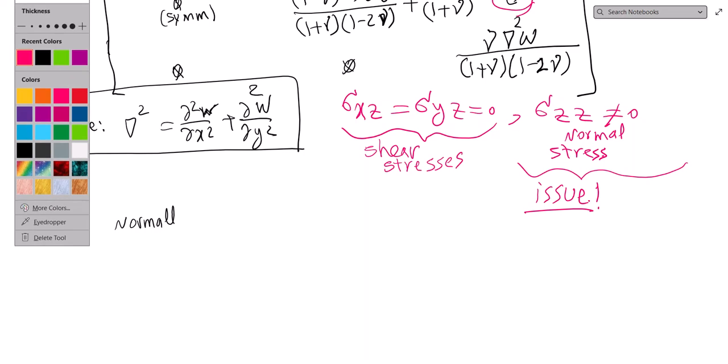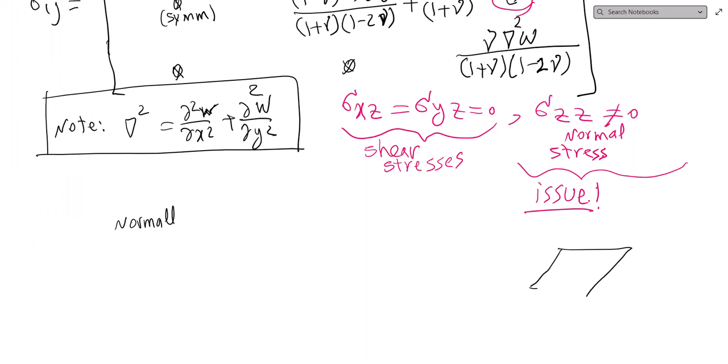Let me draw a small element here so to show these things consistently and correctly. And I don't change pen. Sometimes changing pen becomes confusing. This is sigma x. This is sigma y, and this is sigma zz. And these are the shear.